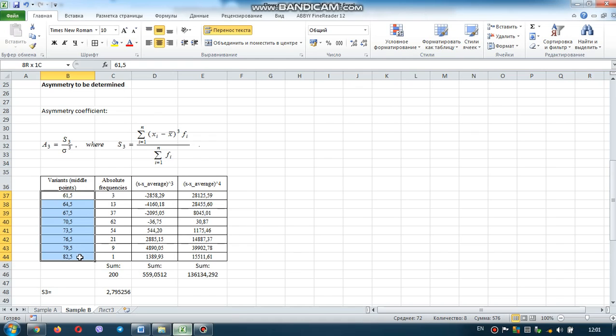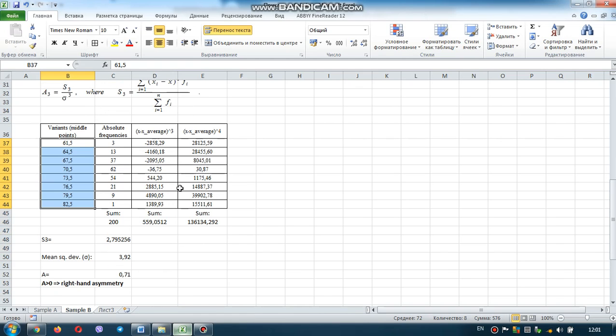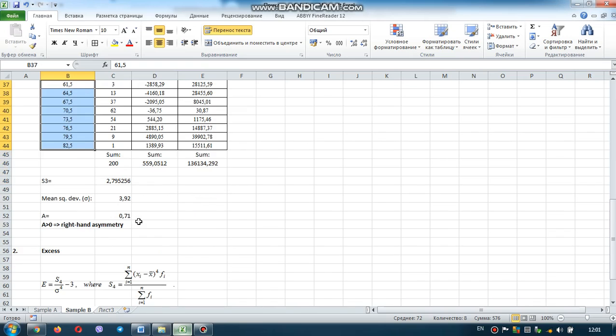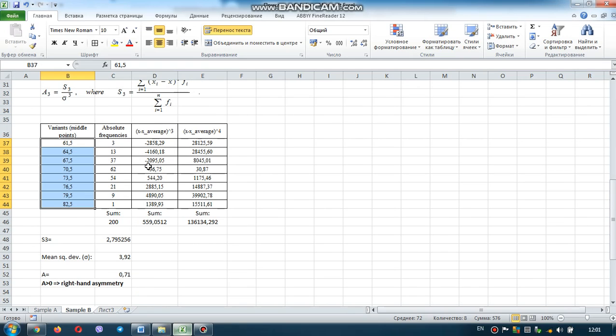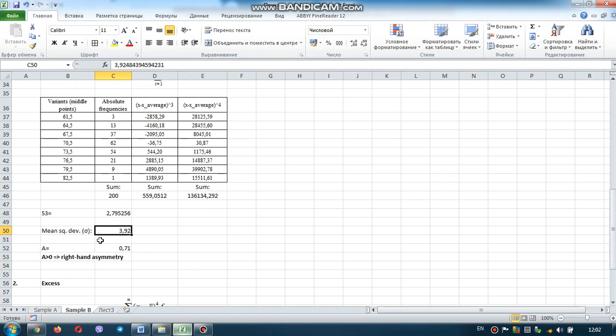So these middle points and all other indices are calculated in the same way, but pay your attention to the fact that the mean square deviation sigma is considered also for the sample B value. Pay attention to this fact.